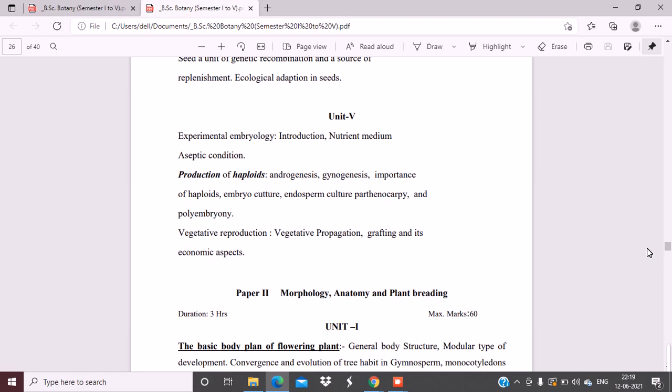For this unit, you can study the book Elements of Biotechnology by P.K. Gupta. In this, you will get all the topics of biotechnology.